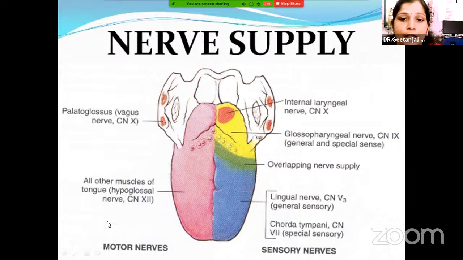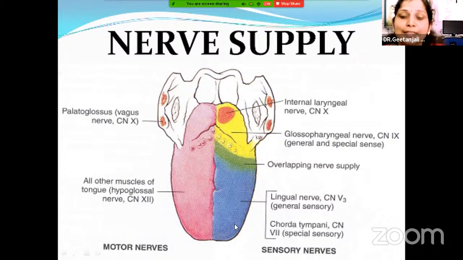In the motor nerve supply, of all the extrinsic and intrinsic muscles, 7 out of 8 muscles are supplied by the hypoglossal nerve, which is the 12th cranial nerve, and only palatoglossus is supplied by the cranial root of accessory nerve via the vagus nerve. This completes our motor nerve supply.